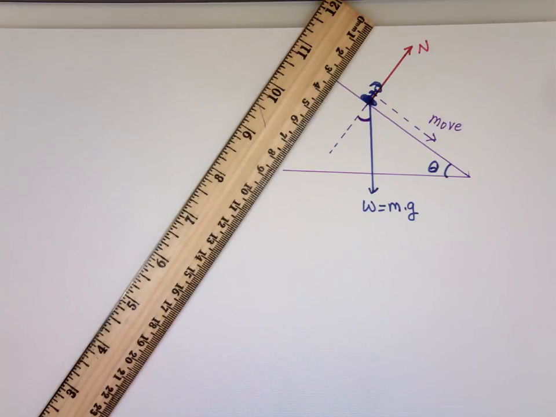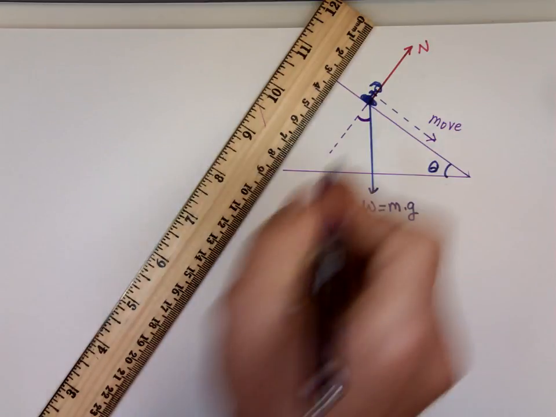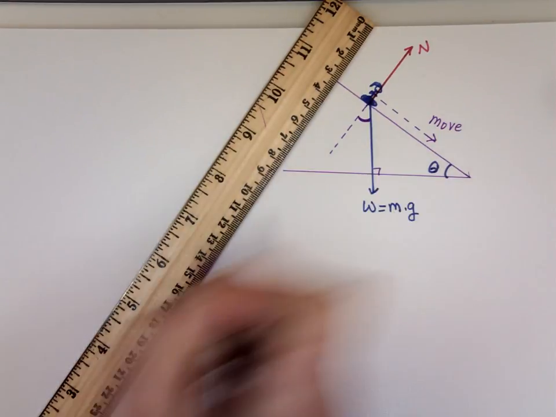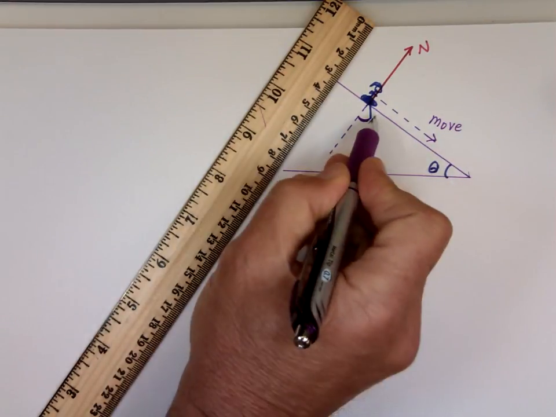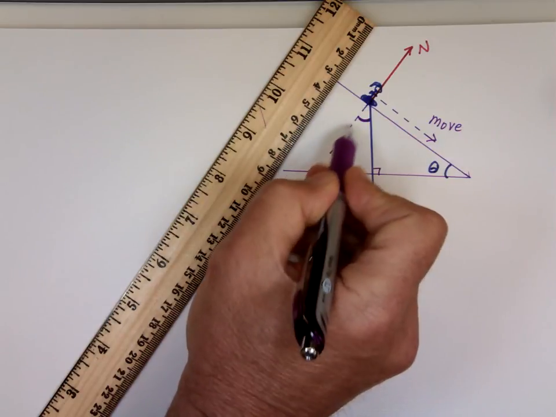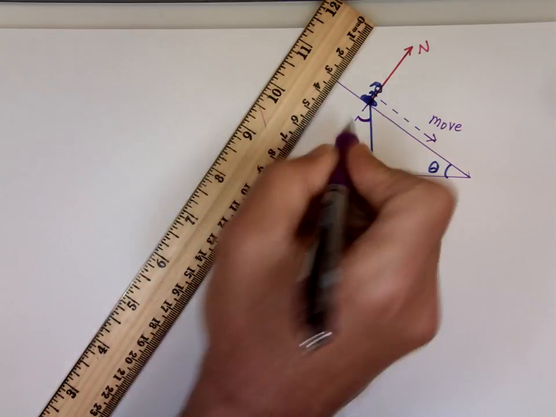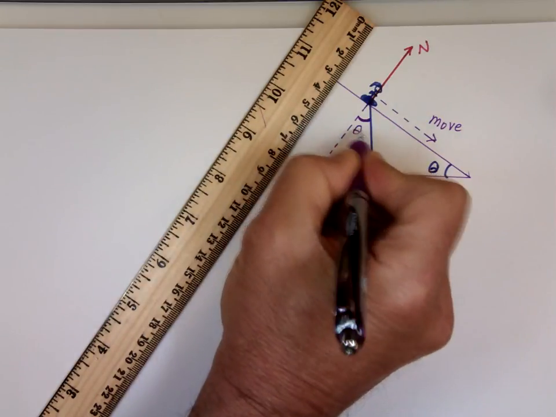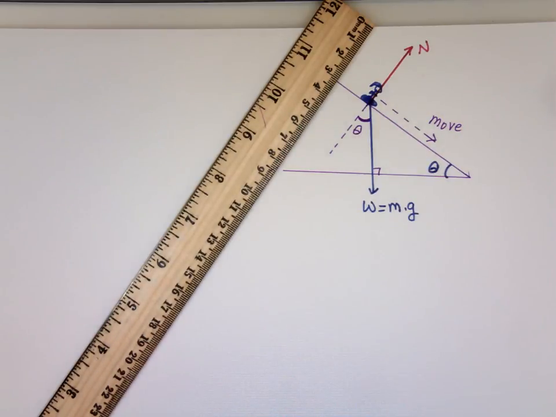The same. Why? Because this is 90 degrees. If this is 20, what's that angle here? 70, which makes this one 20. So this angle and this angle are exactly the same.